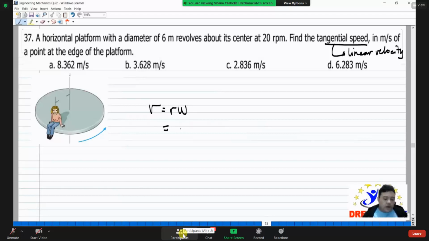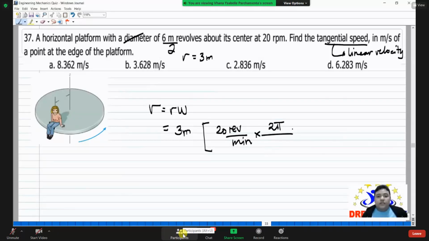So, that is equal to 3 meters yung radius, since diameter divided by 2, R is equal to 3 meters. So, multiplied by omega, which is 20 revolutions per minute, multiplied by 2 pi radians.